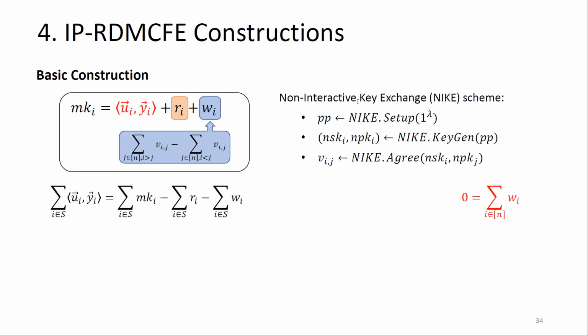Since the correctness of NIKE, we have VIG equal to VGI. So the sum of the n masks Wi is equal to 0.